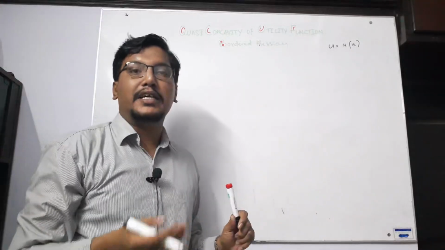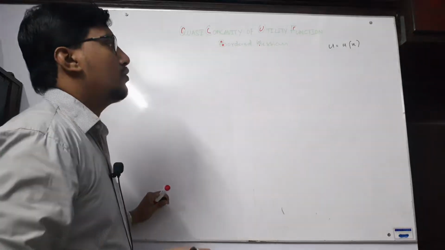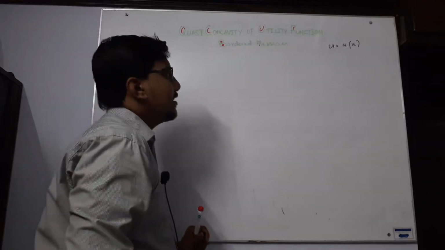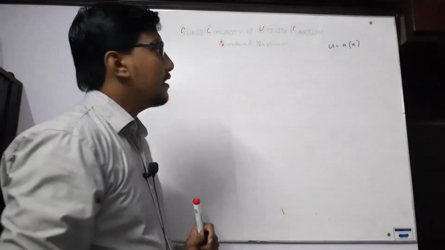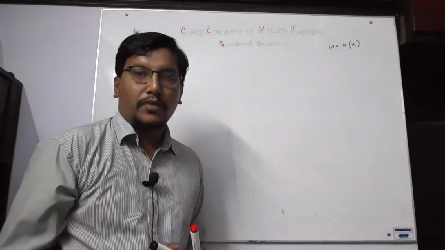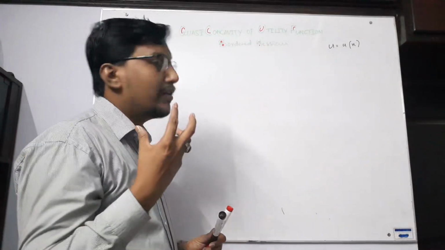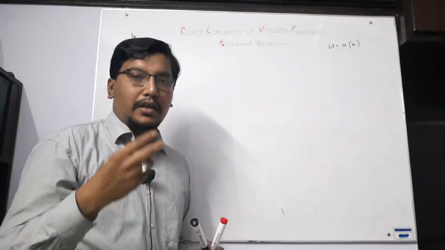The first derivative should be greater than zero, and the second derivative should be less than zero. So we can say that the function is following concavity. We also use different techniques of concavity where we have two variables.